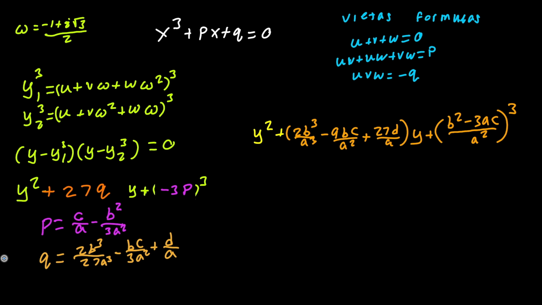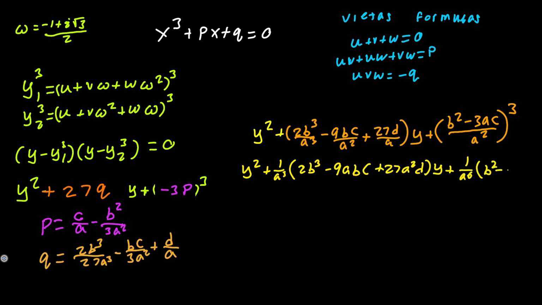And factoring out an a cubed from the expression of the y term, we have y squared plus 1 over a cubed times 2b cubed minus 9abc plus 27a squared d, times y. And factoring 1 over a to the 6, we get 1 over a to the 6 times b squared minus 3ac, cubed.